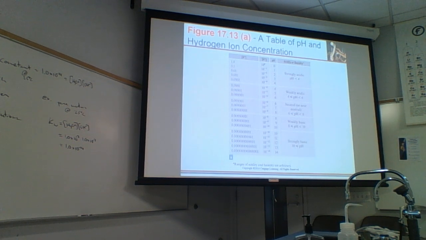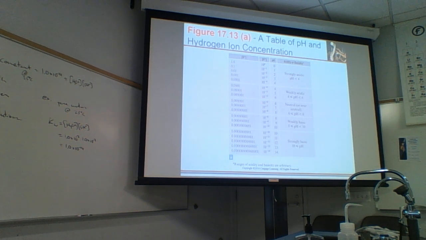All solutions contain hydronium and hydroxide. So when the hydronium concentration equals the hydroxide ion concentration, we call that neutral. If we have more hydronium, let's say we dump extra hydronium in there, so the hydronium concentration is greater than the hydroxide concentration, we call it acidic. If the hydronium ion concentration is less than the hydroxide ion concentration, then we call the solution basic.